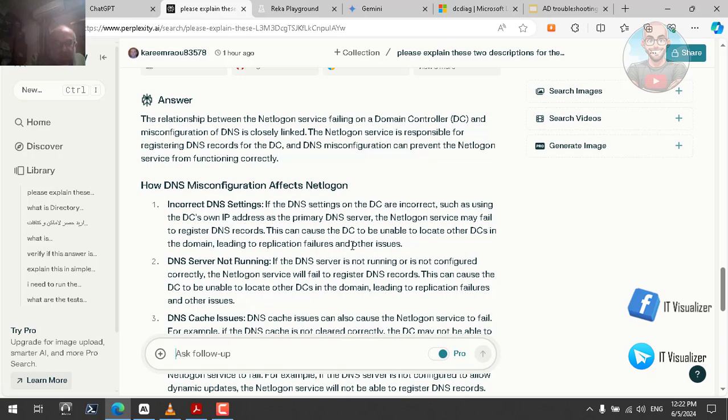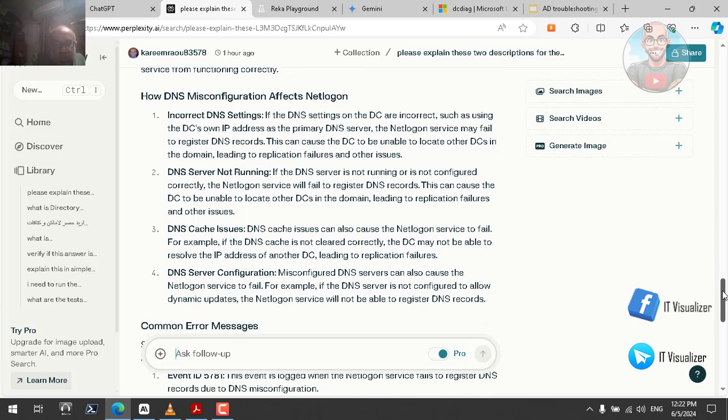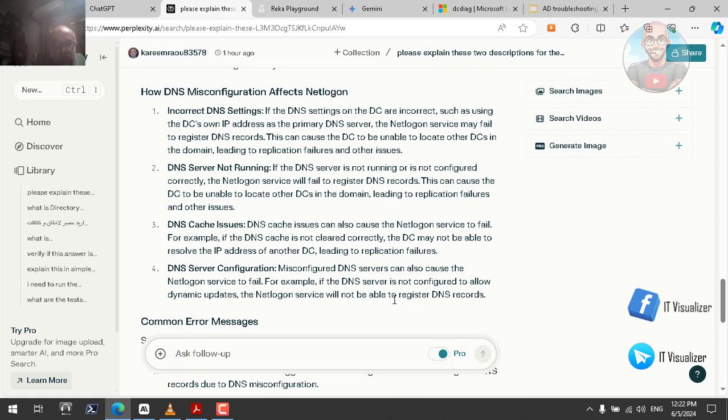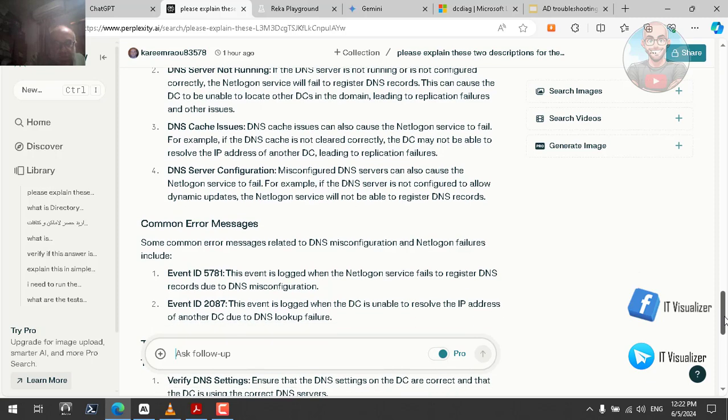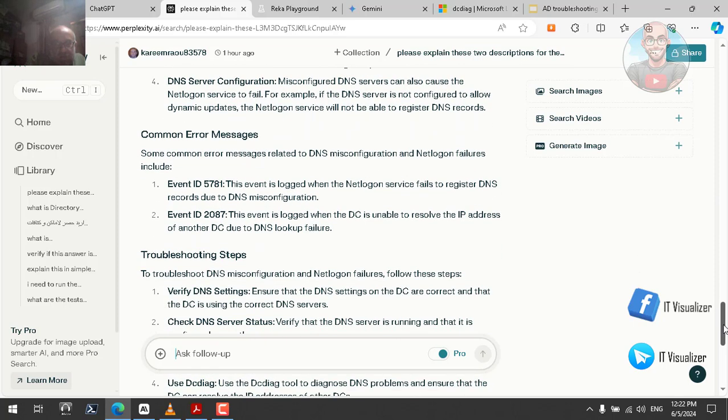I think this is related to the Netlogon service finding the other domain controllers. Let's see DNS configuration. For example, if it is not configured to allow dynamic updates, Netlogon will not be able to register. It's saying that the failure to register is due to misconfiguration, or being unable to resolve the IP address due to other DNS failures.